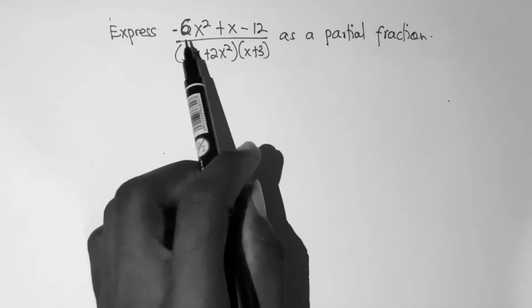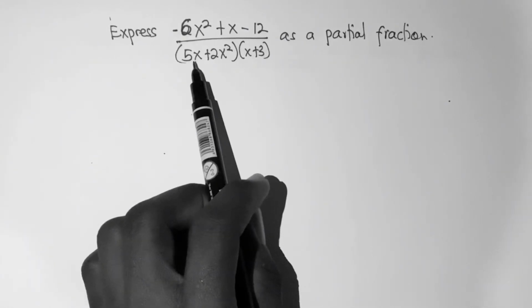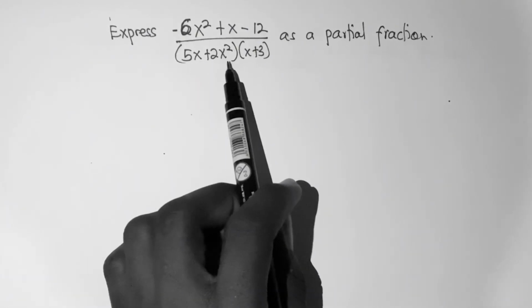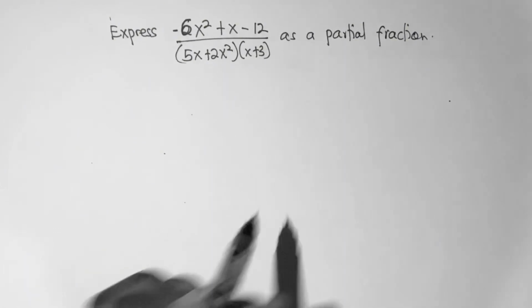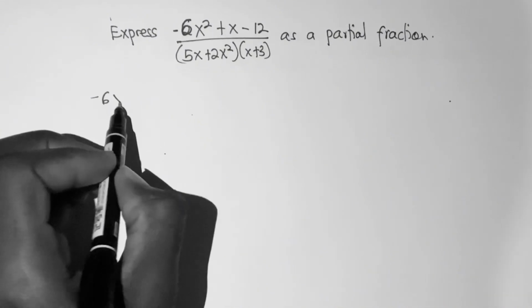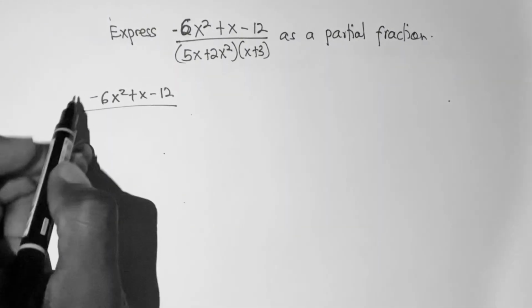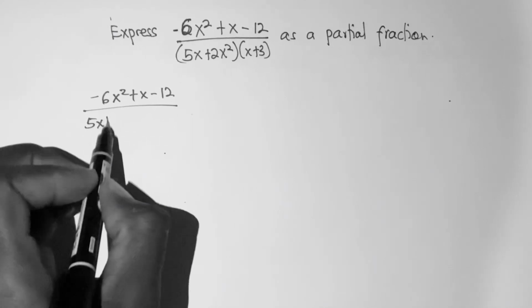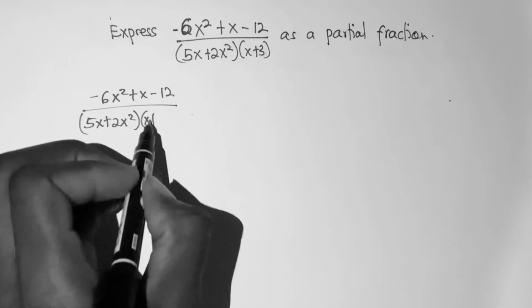Let's express minus 6x squared plus x minus 12 divided by, in brackets, 5x plus 2x squared times, in brackets, x plus 3 as a partial fraction. So let's rewrite this as minus 6x squared plus x minus 12 divided by 5x plus 2x squared, then times x plus 3.